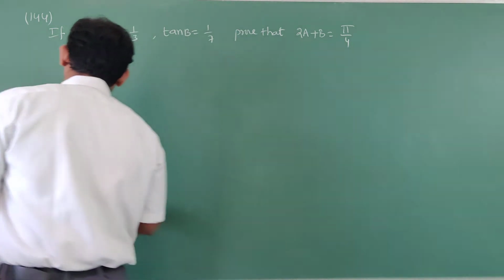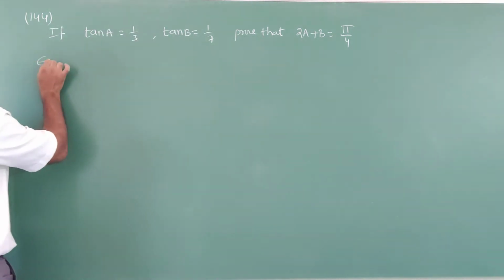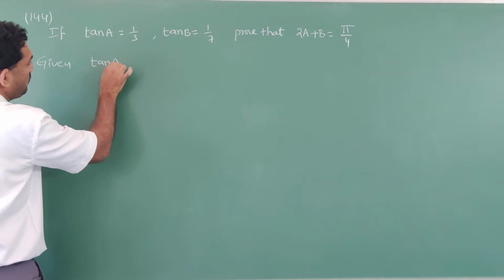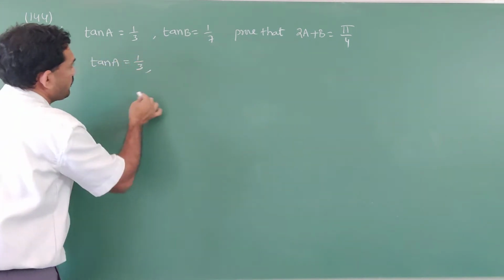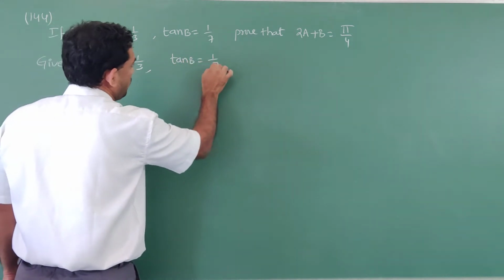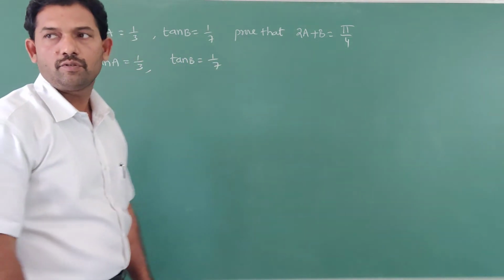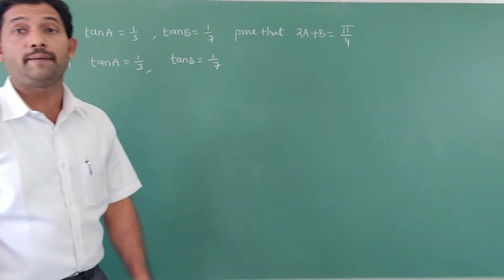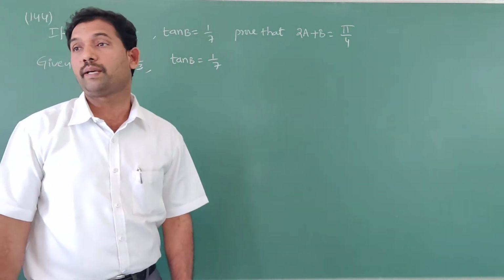So what is the given data? Given tan A equal to 1 by 3, tan B is equal to 1 by 7. We are going to simplify 2A plus B is equal to pi by 4.